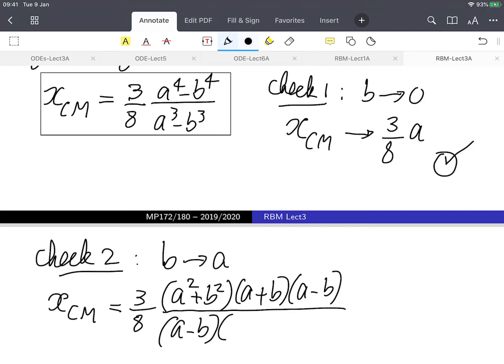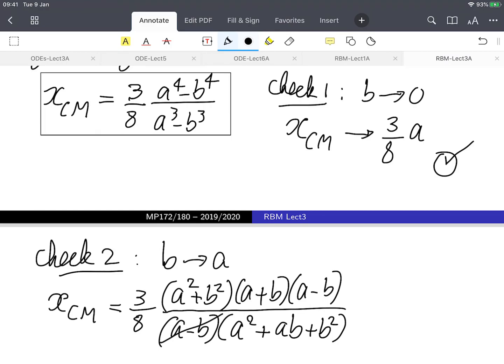I don't know how you do that in your head. Everybody has a different way. So I want A cubed, so I have to start with A squared. That's going to give me A cubed minus BA squared. So I want to get rid of the minus BA squared, so I need to put plus BA squared plus AB squared. That's good. And then I need the minus B cubed, so I need B squared.